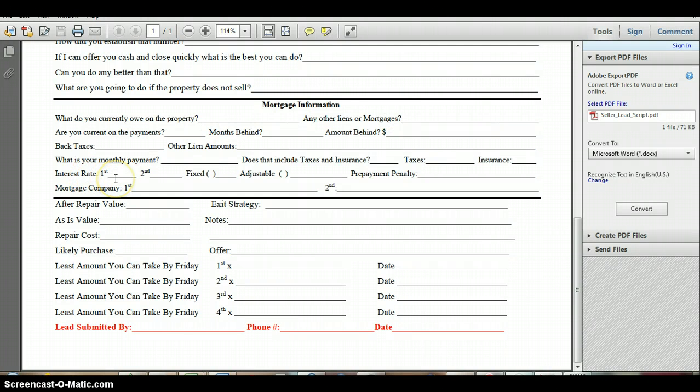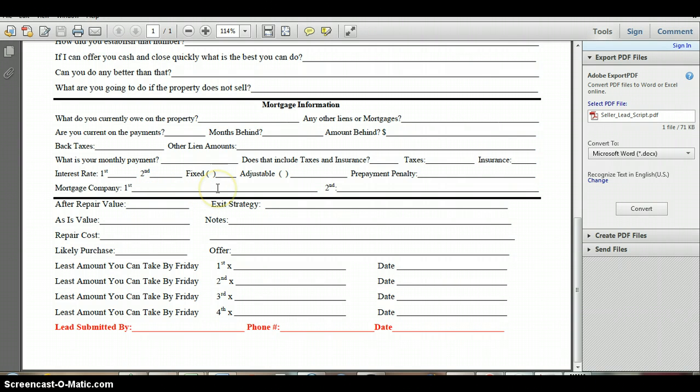The interest rate on the mortgage is very, very important. You want to know what the interest rate is. Some people may not know automatically. They may give you a range, an estimate. So if they tell you it might be 6%, you want to put down, in between 6% and maybe 6.5. And we can verify that a little bit later on.